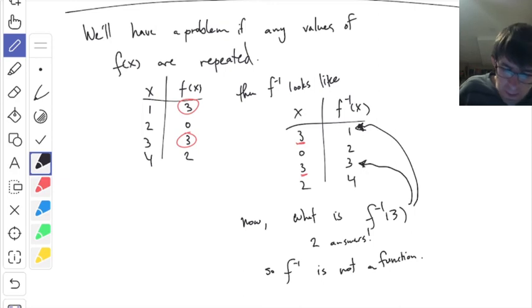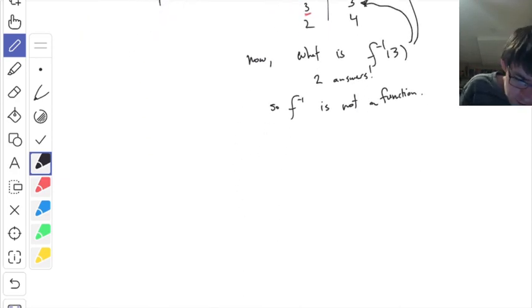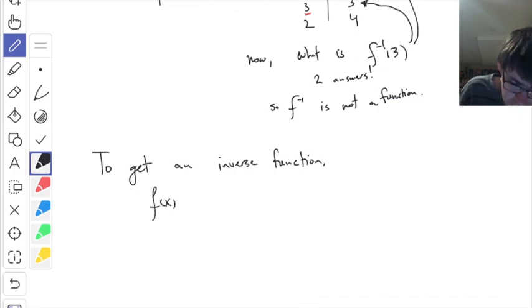So in order to make an inverse, I'm just going to say one last thing here. To get an inverse function, f of x, the original function, must have no repeated y values.